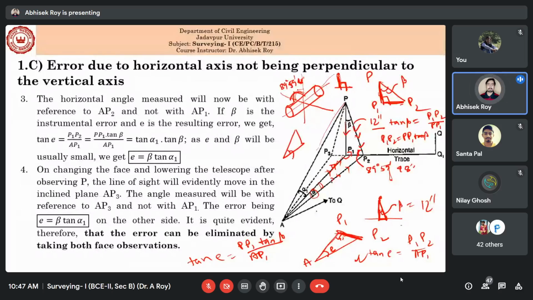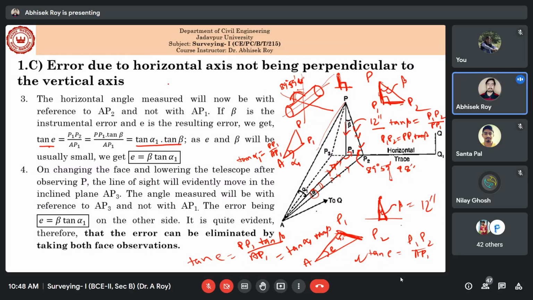This is forming the alpha 1 angle, this is A, this is P, and this is P1. So from this triangle we can write tan alpha 1 equals perpendicular PP1 by base AP1. So this PP1 by AP1 is tan alpha 1. So you can see tan E will become tan alpha 1 tan beta.